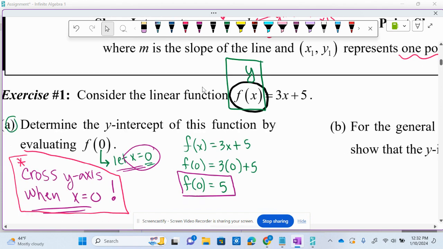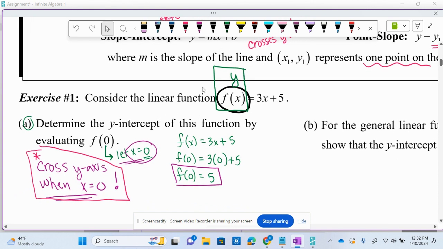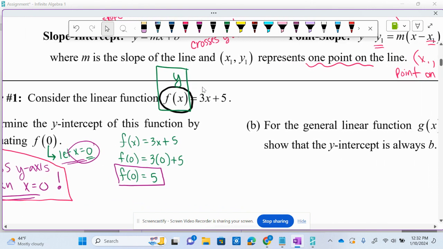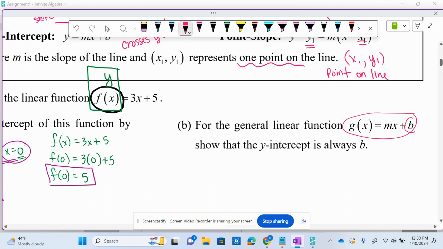So now we're going to take that same concept of letting x equal 0 and we're going to prove that b in the form g of x equals mx plus b is the same thing as the y-intercept. We're proving that b is the y-intercept.